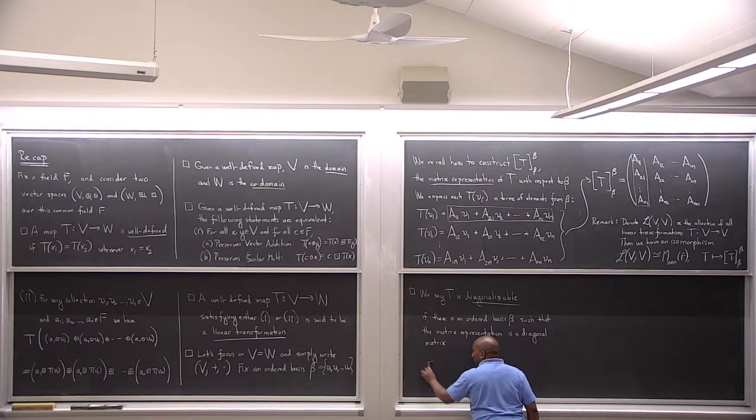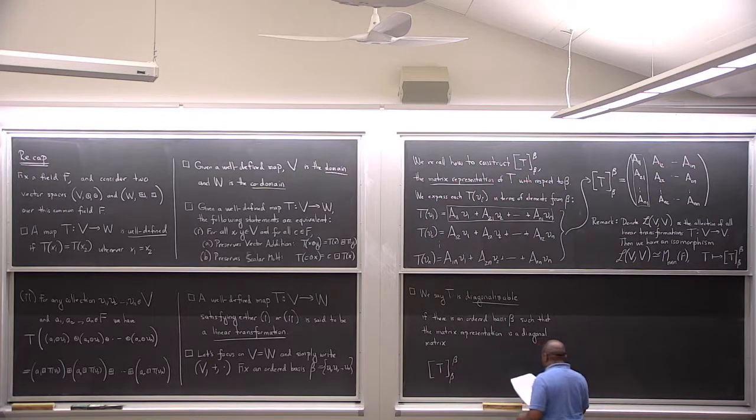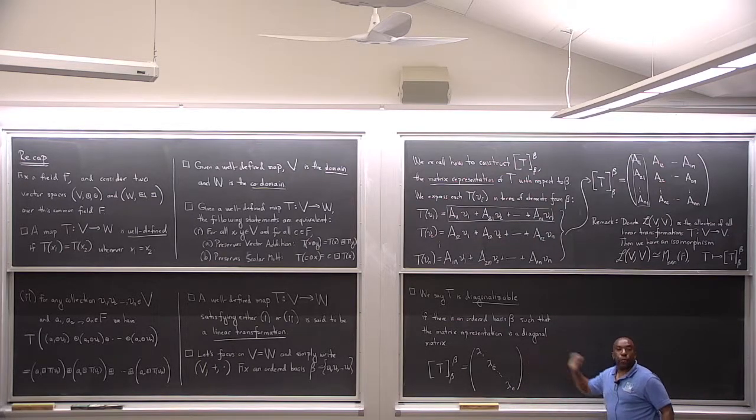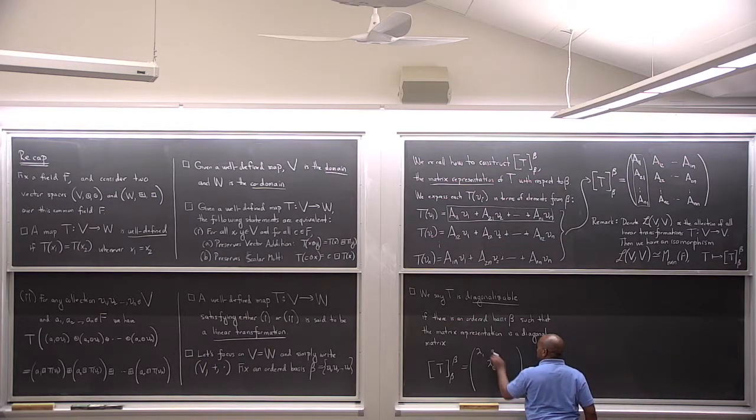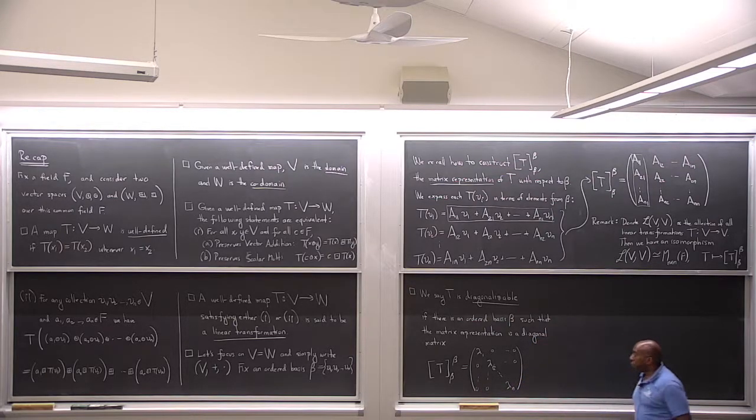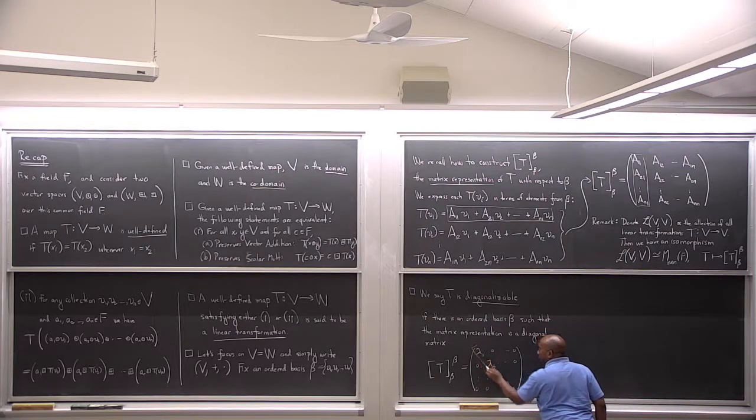So very explicitly, what I'm saying here is that this matrix perhaps has these numbers lambda 1, lambda 2, so on and so forth down to lambda n, where all of the other entries here are 0. Right, so it just looks like we have these entries along this diagonal.